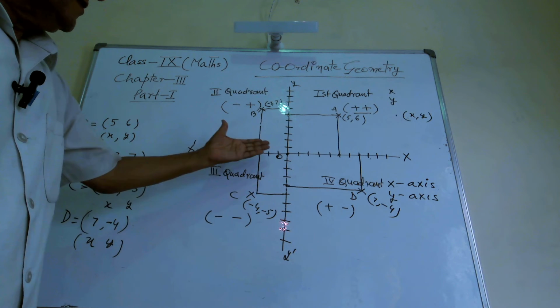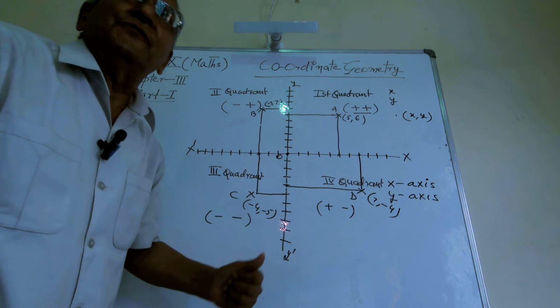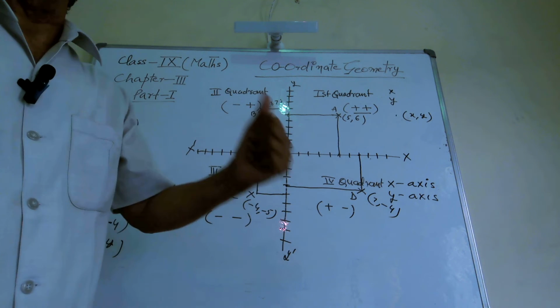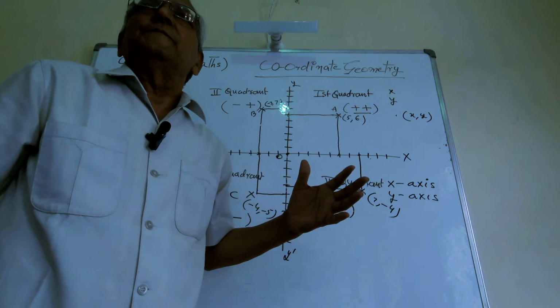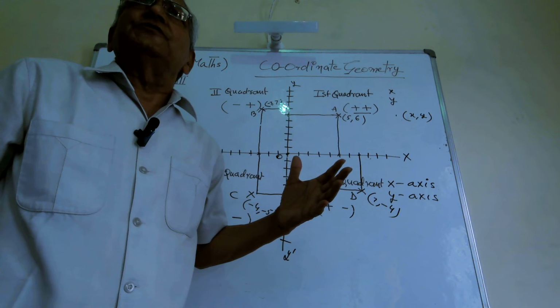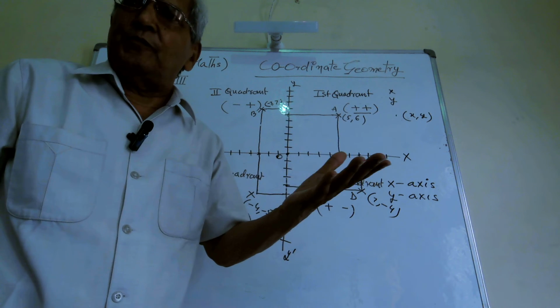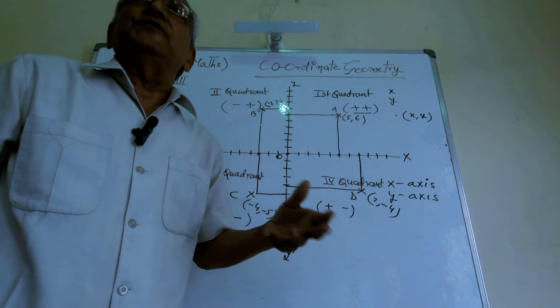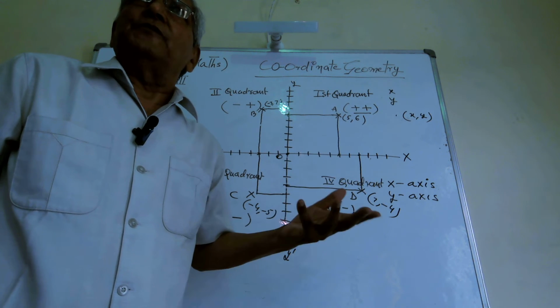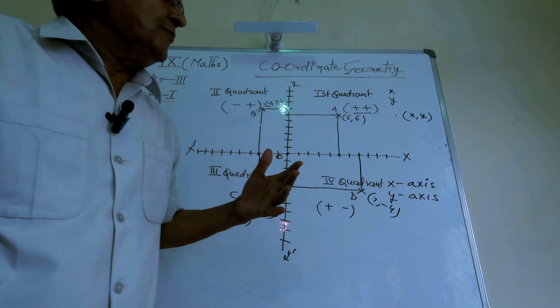In other words, this is the starting of graph, and graph is very important in mathematics. You will solve many questions of equations and other types of equations with the help of graph. Graph is used in algebra, in trigonometry, everywhere in mathematics.